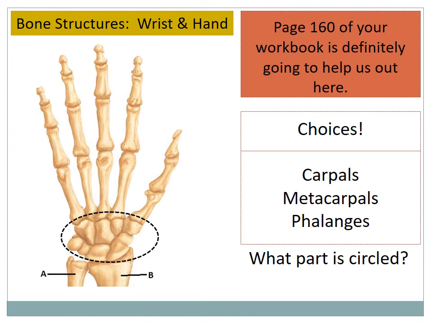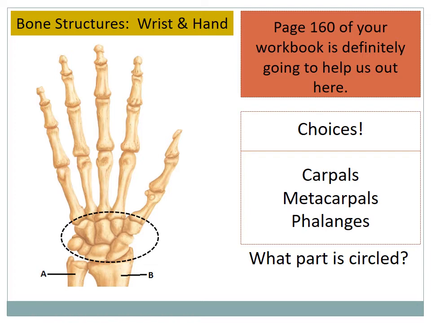Alrighty, so page 160 of your workbook is going to help us out here. Make sure when you look at the wrist and the hand that you're only looking at the carpals, metacarpals, and phalanges. Please don't try to memorize every single carpal bone. I don't need you to know that right now. So maybe if you take a 400 level anatomy class, I'll have you know that, but not right now.